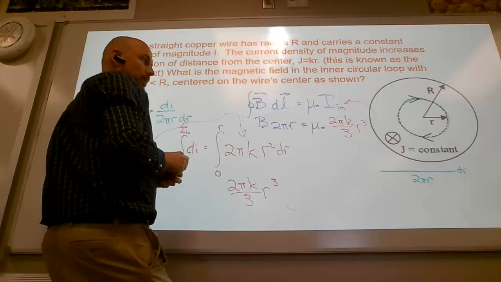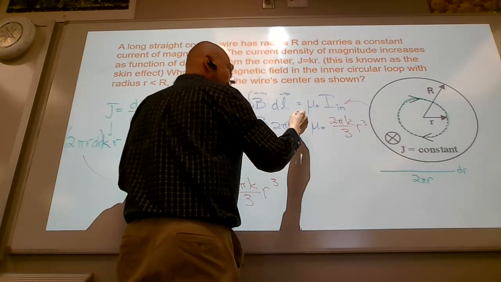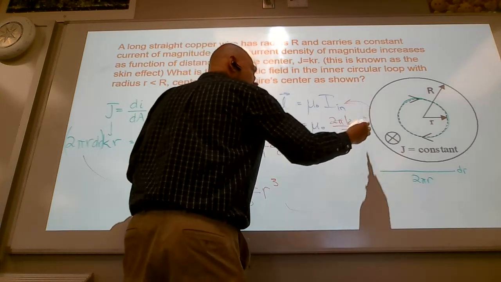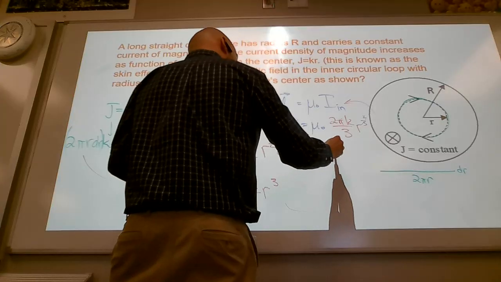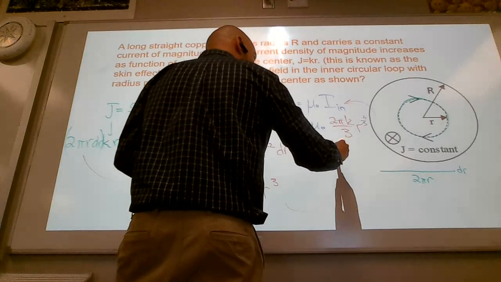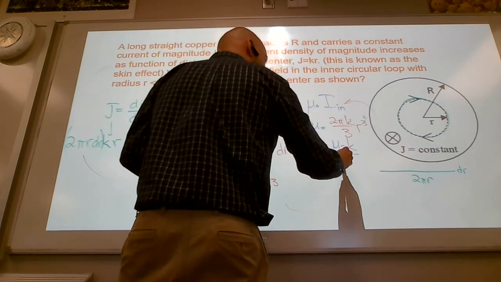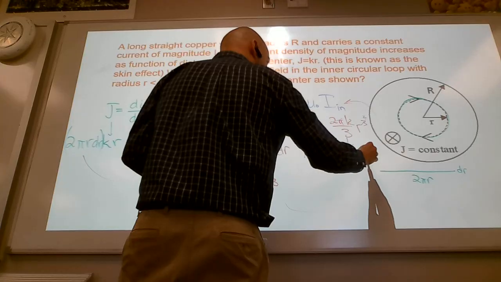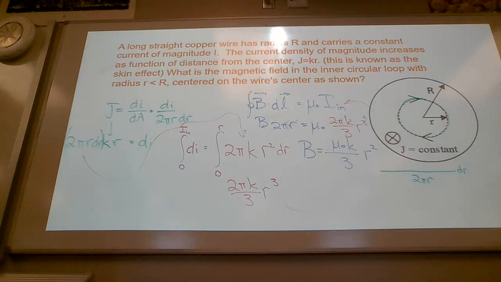So that knocks out one of those. And so I get my answer to be mu naught k over 3 r squared. Yeah, that's an even better free response problem.